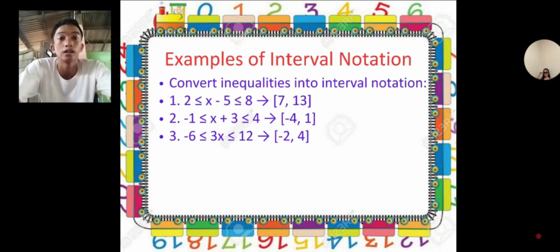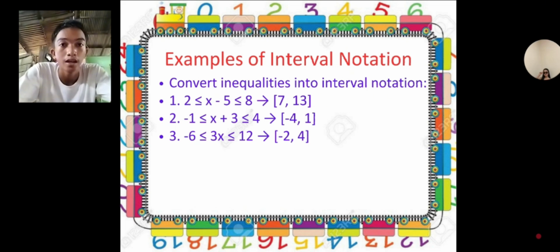Then we will tackle examples of interval notation. Convert inequalities into interval notation. This section demonstrates how to convert inequalities into interval notation. The examples show how to express the solution sets of inequalities using interval notation.